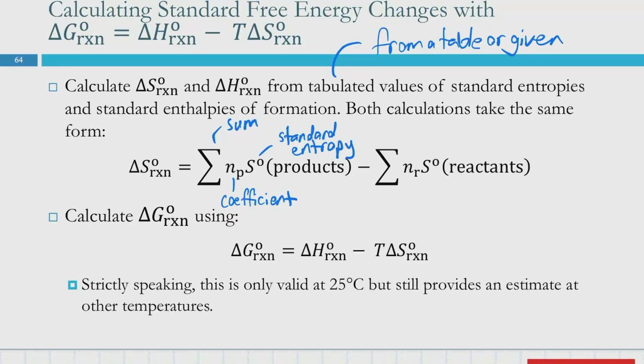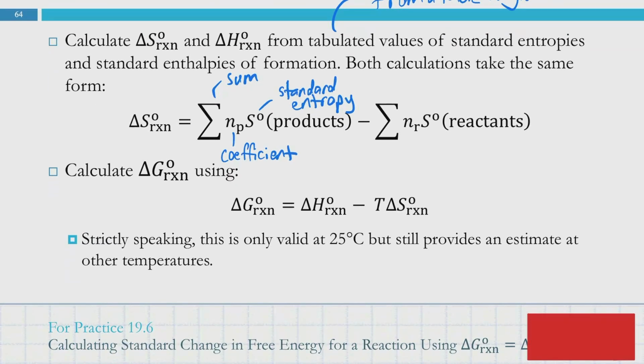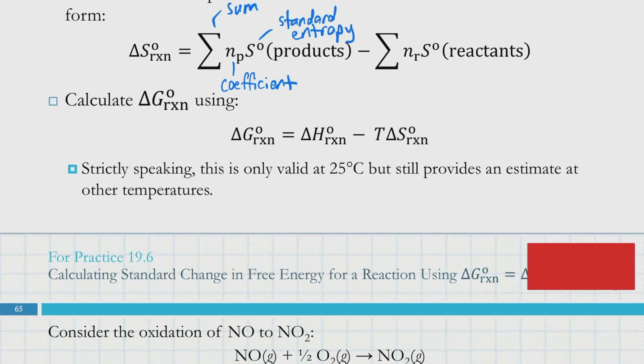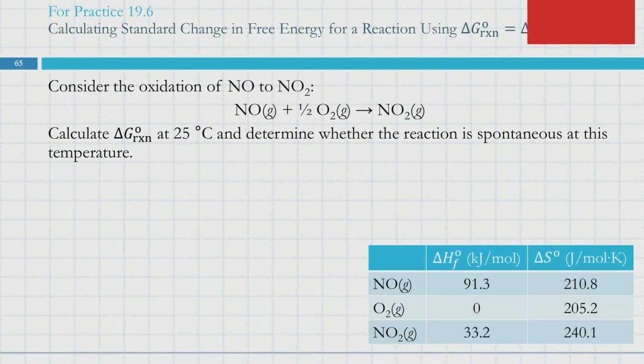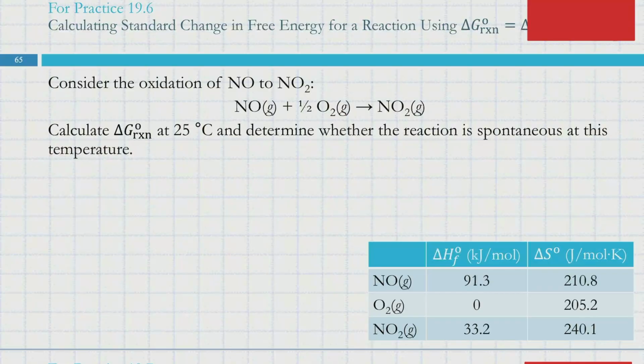But it'll still give us an estimate at other temperatures. For example, we can calculate the standard change in free energy for this reaction and determine whether the reaction is spontaneous at this temperature.